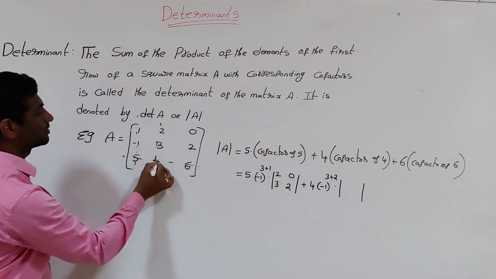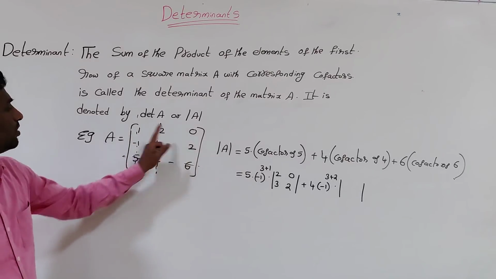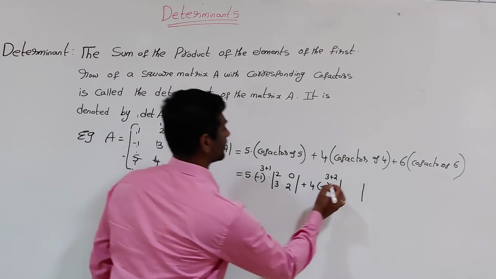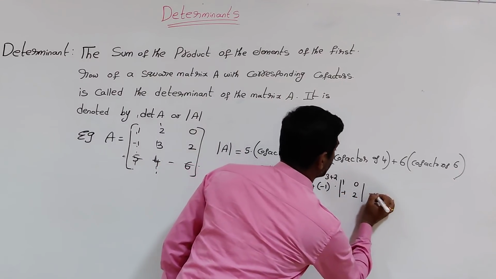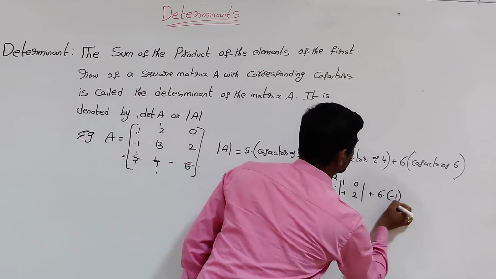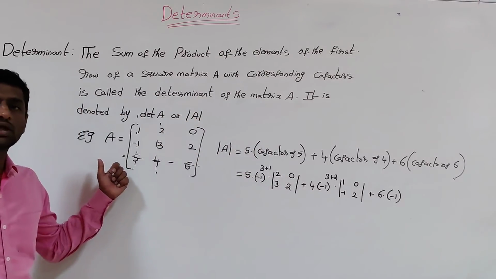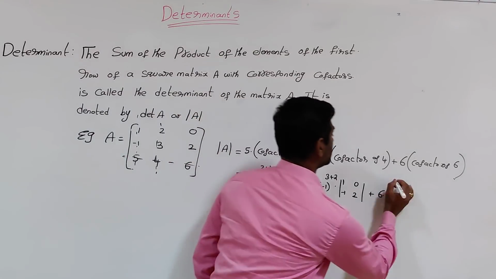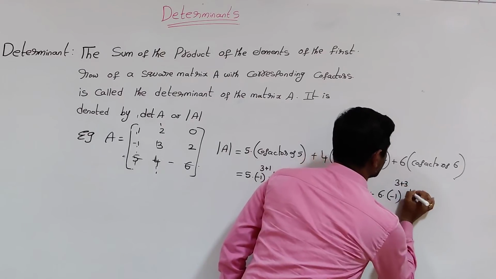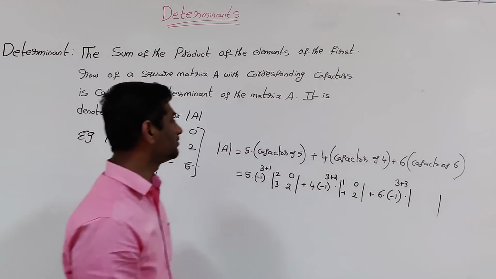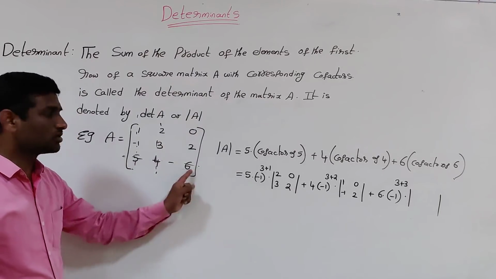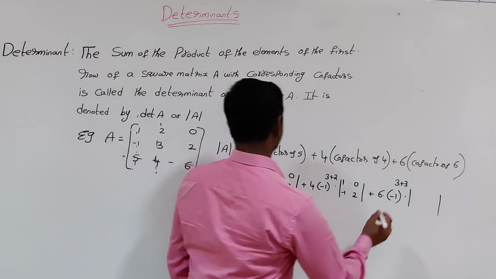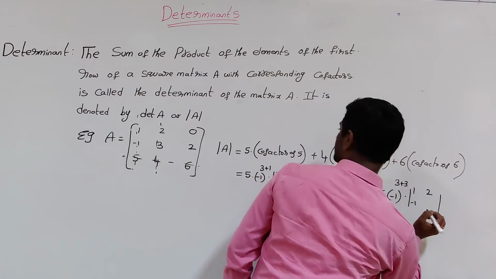Hiding third row, second column, we will be left over with 1 0 minus 1 2. Plus 6 into minus 1 whole to the power of 3 plus 3, since 6 is located in third row and third column, into minor, that gives the determinant of a 2 by 2 matrix. After hiding the third row and third column, the elements will be 1, 2, minus 1, 3.